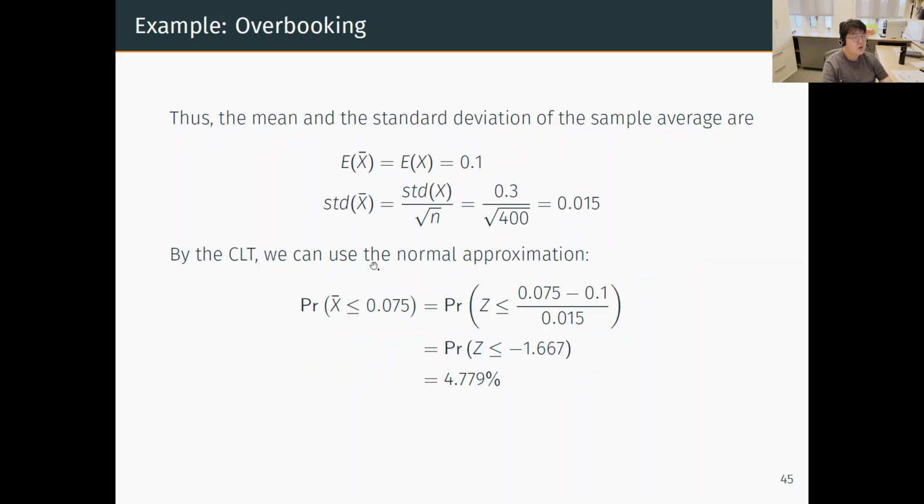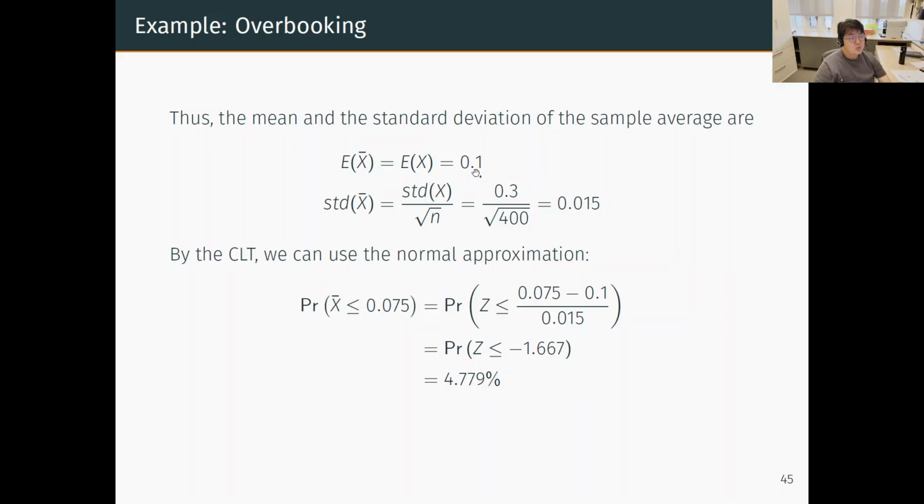Based on them, we are going to obtain the mean and the variance for the sample average when you have 400 reservations instead of a single reservation. When you have 400 reservations, the mean does not change, but the standard deviation changes like this. You have to divide the original standard deviation by the square root of 400. Then it is 0.015.